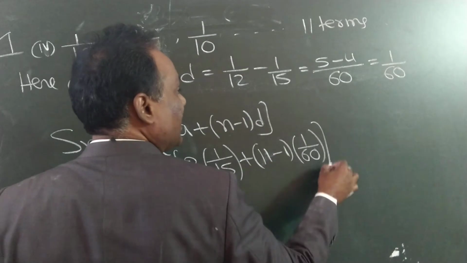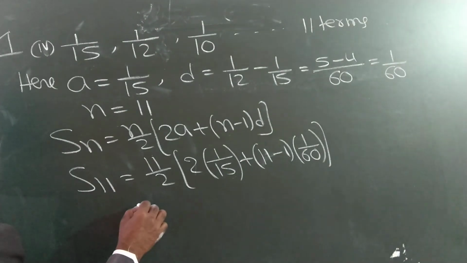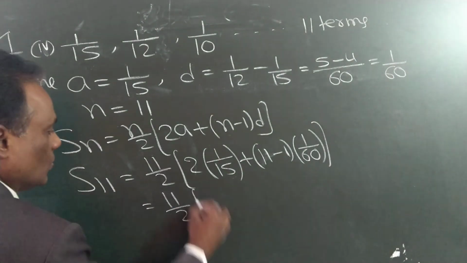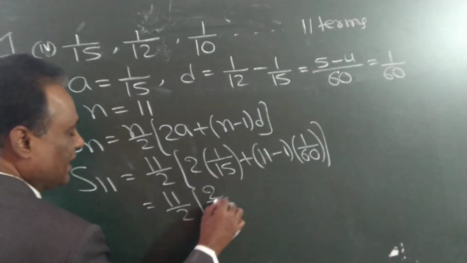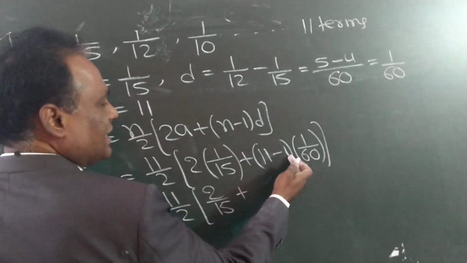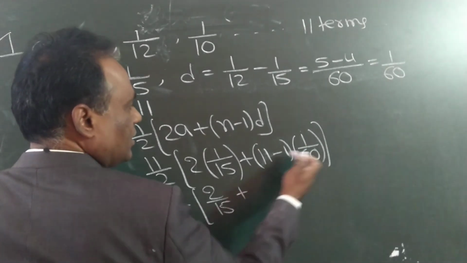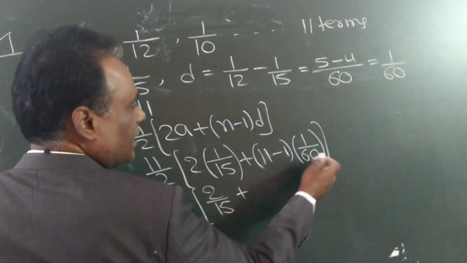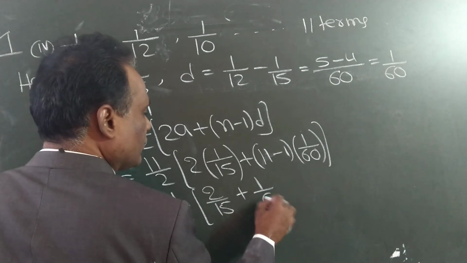See the D value. 11 by 2, 2 into 1 by 15 is 2 by 15. 11 minus 1 is 10. 10 by 60 is 1 by 6.